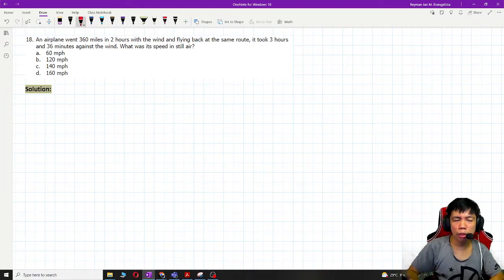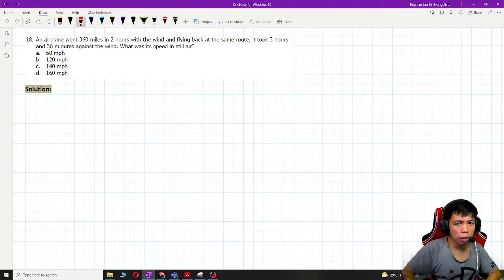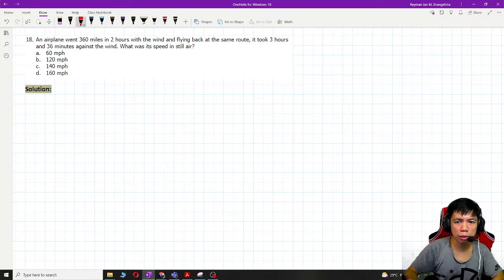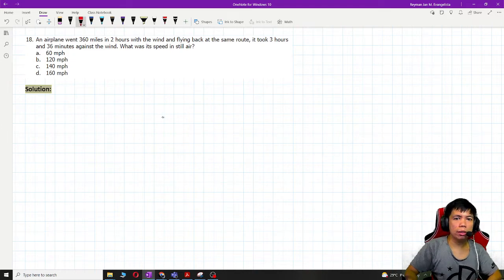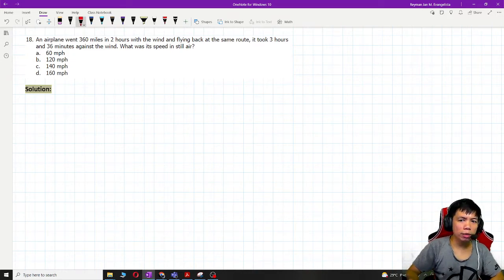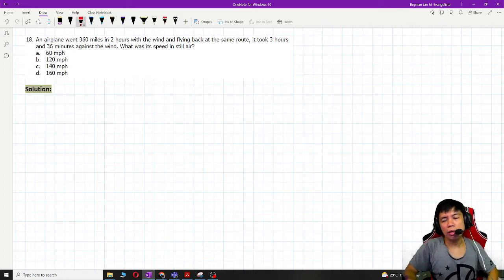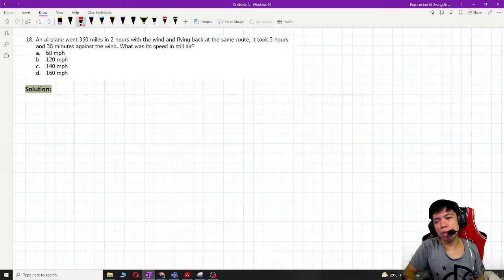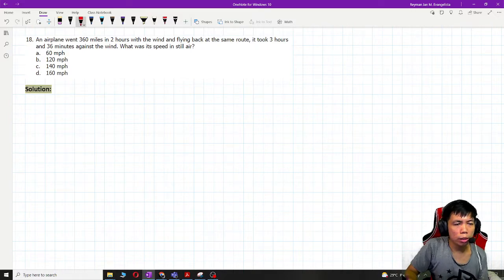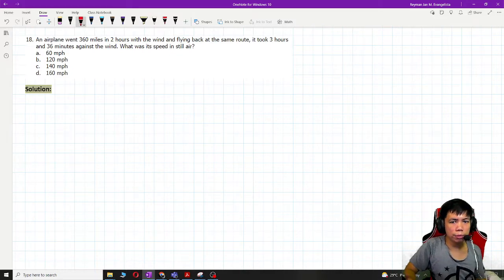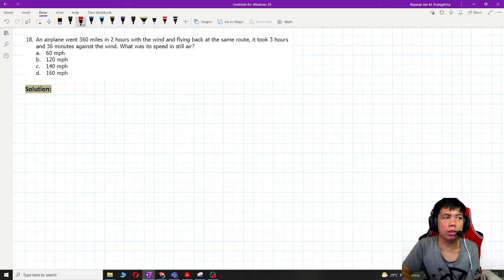Okay, so ito naman guys na distance rate problem that involves the speed of the air. Okay, so sa physics niya guys na, di ba meron tayong tinatawag na relative speed. So when we travel na against and with the wind, yung ating magiging relative rate or speed will be affected na by the wind.